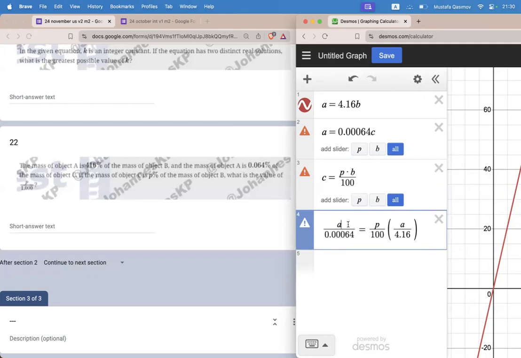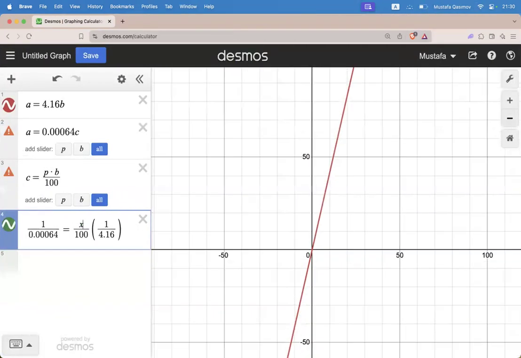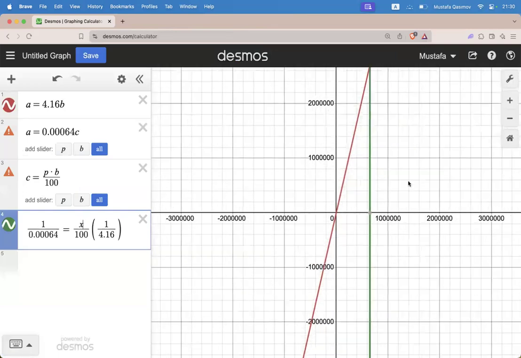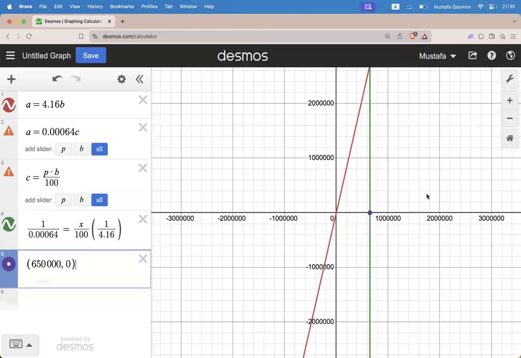Then let's eliminate A and A. Then let's write instead of P, then we will get this answer in decimals. Then let's divide it by 1000. So we will get 650.